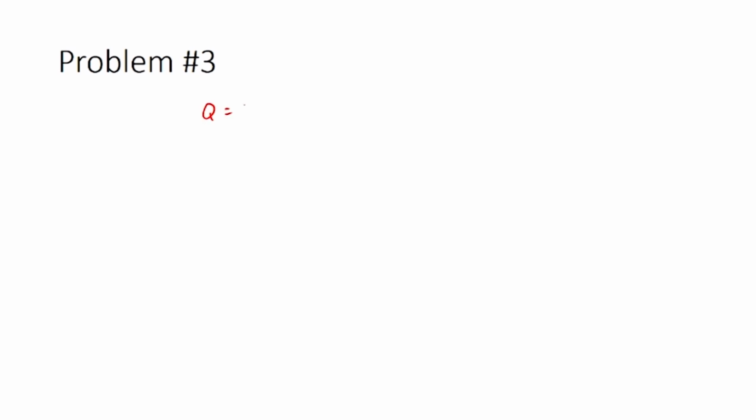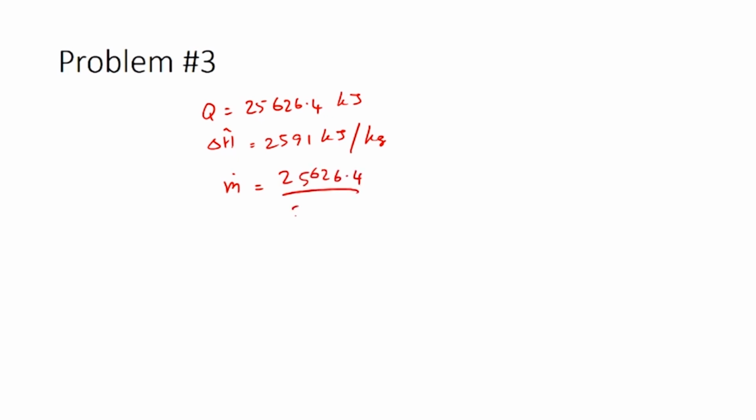So, Q is equal to 25626.4 kilojoules, and delta H cap we just calculated to be 2591 kilojoules per kilogram. So, m dot, which would be the mass of steam generated, would be 25626.4 divided by 2591, giving you a value of 9.89 kilograms of steam per 100 moles of fuel gas burnt.